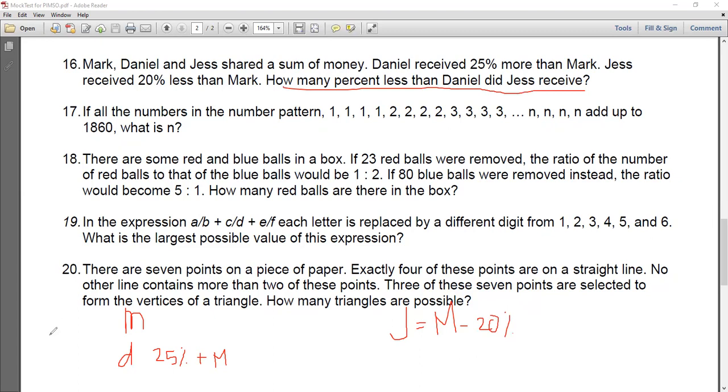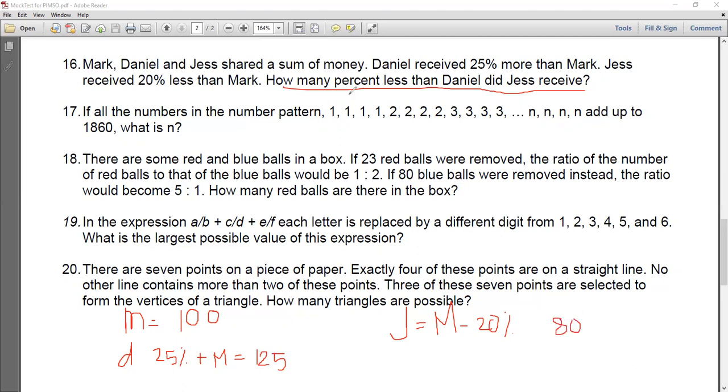So this is an easy question. What we do here is to assume that the money of Mark is 100 so that we can easily identify the money that they are handling. Daniel, so 25% of 100 is 25. So this is 125. For Jess naman, it's only 80.